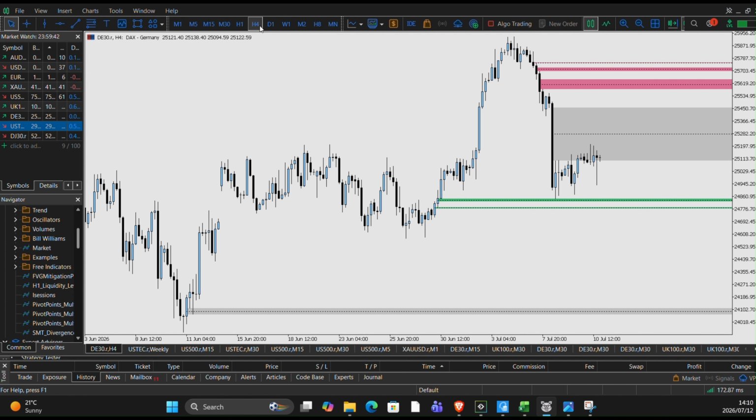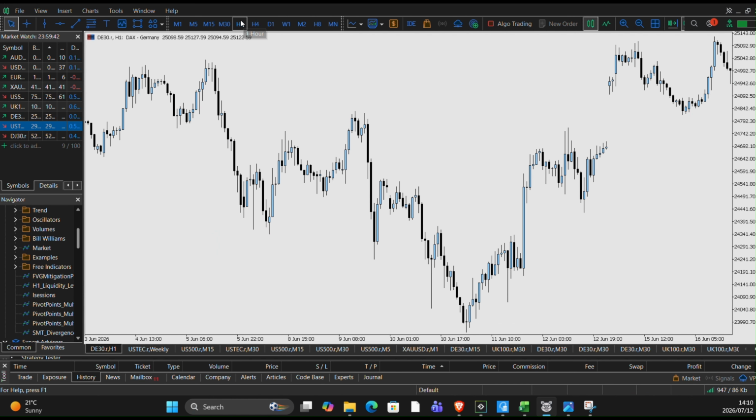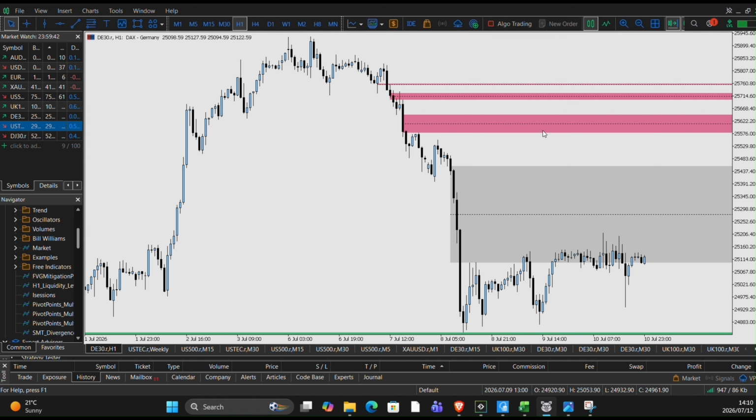But then we move down to the 1 hour. And as you can see, this is that same 4 hour fair value gap, but just on a lower time frame, so that you can refer to it. This is proven because the low of this fair value gap is around 25100, somewhere around there.